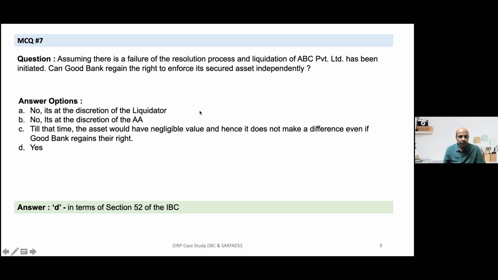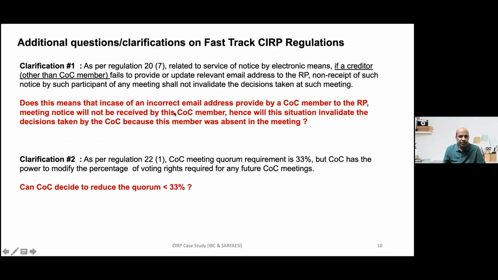Okay, so this is another additional part which I've added. While reading this fast track CIRP regulation, there was a clarification which I had in my mind. So if you look at regulation 20 sub-regulation 7 related to service of notice by electronic means, it says if a creditor other than the COC member fails to provide or update the relevant email address to the resolution professional, non-receipt of such notice by such participant of any meeting shall not invalidate the decision taken at such meeting.